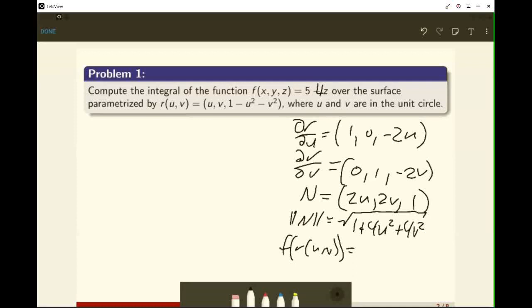I'll correct this in the one posted. If we do 5 minus 4z, our function value is going to be 1 plus 4u squared plus 4v squared, which is exactly the magnitude of n squared, a helpful simplification here.